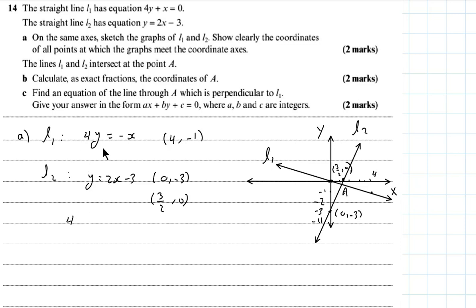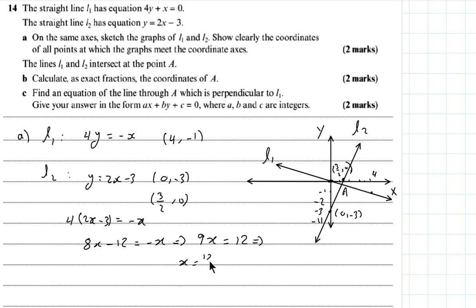Okay, we'll solve them simultaneously, right? 4 times y, this is y. 4 times 2x minus 3 is equal to minus x, which is 8x minus 12 is equal to minus x. Moving negative x to the left to be 9x is equal to 12.